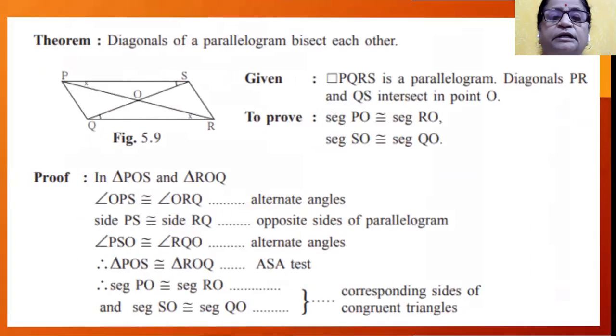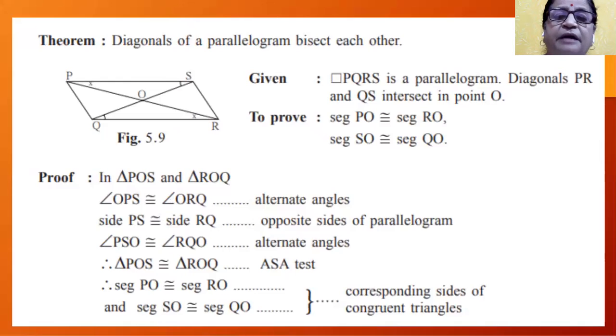Next, diagonals of a parallelogram bisect each other. Here PQRS parallelogram is given. PR is one diagonal and QS is another diagonal. What is given here?